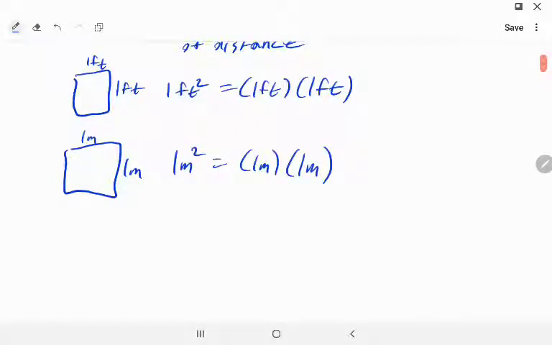And so you'll notice that when we're talking about areas, we're often thinking in terms of square units. So square feet, square meters, we could also have square centimeters.